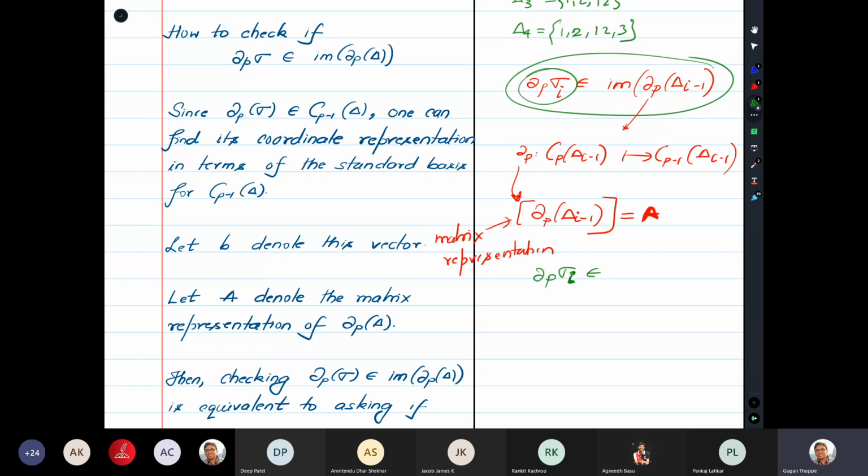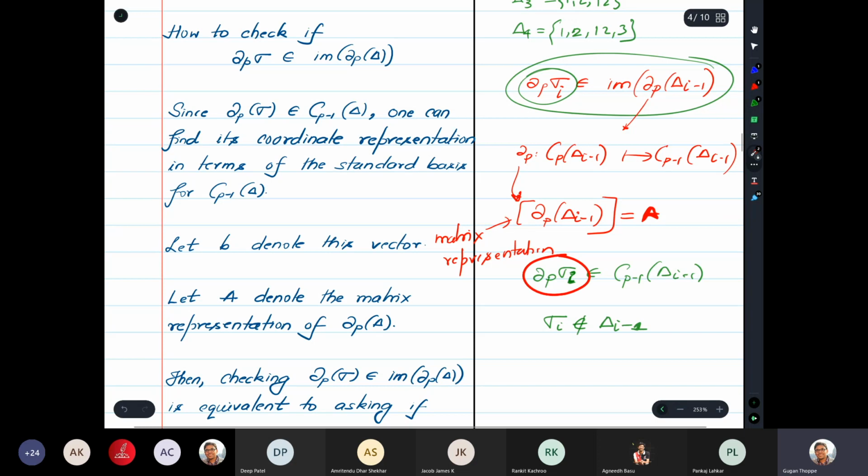So because of this thing, even though sigma i does not belong to delta i minus 1, it will always be the case that the boundary of sigma i will always be in Cp minus 1.